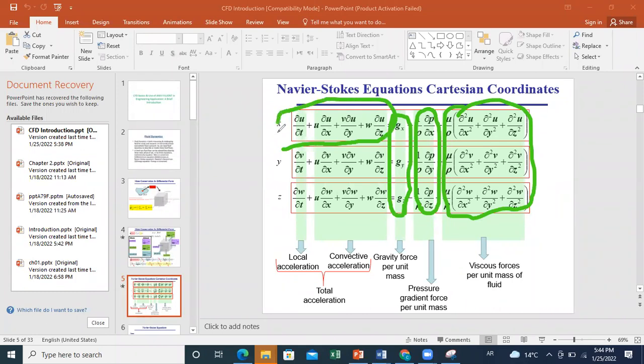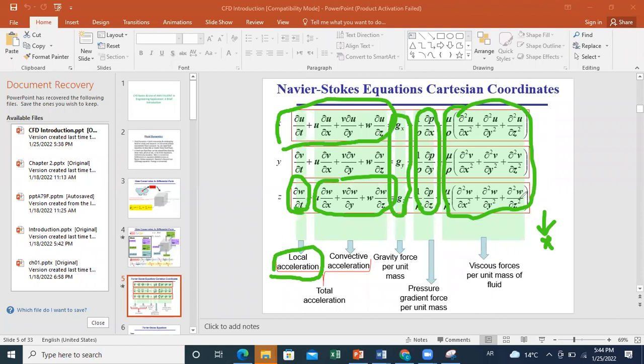And in fluids, you have seen that your total acceleration can be decomposed into a local acceleration and a convective acceleration. So what do we mean by this? We mean that if I observe a certain point in space, and the variable is varying at this point with time, we call it local acceleration.